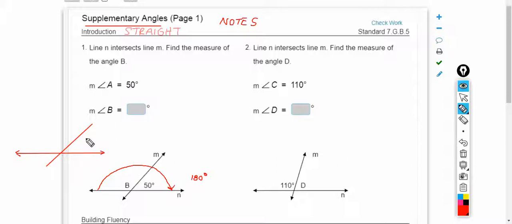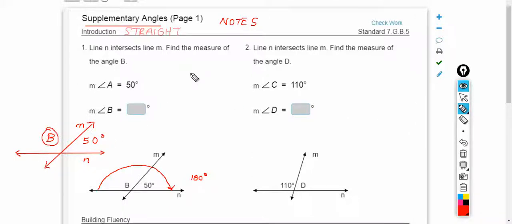And then this is 50 degrees, and this is angle B. The name of this line is M, and the straight line here is N. That's how you always want to do your notes completely.